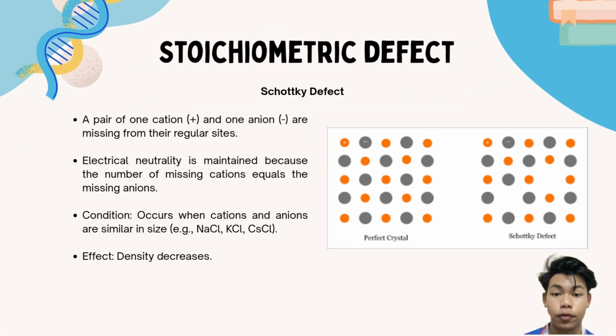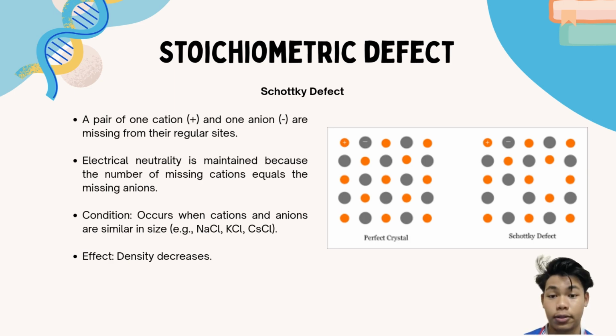Now, we move to defects specific to ionic crystals, starting with the Schottky defect. This is a defect where a pair consisting of one cation and one anion is missing from their regular sites. To maintain electrical neutrality, the number of missing cations must always equal the number of missing anions.